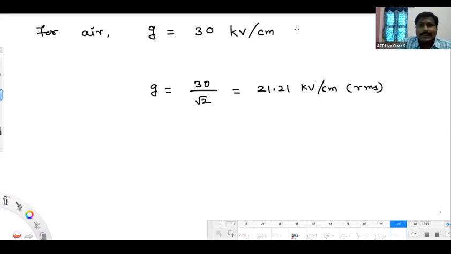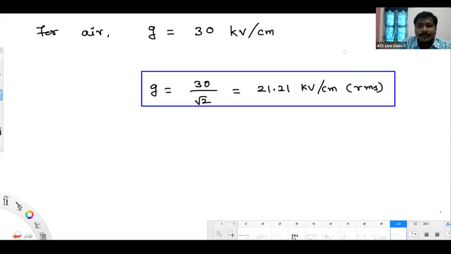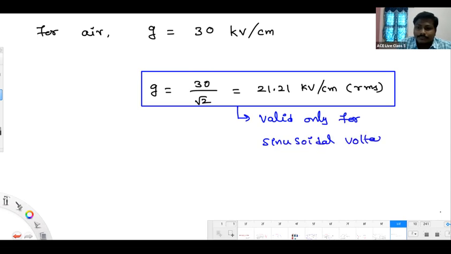This one is valid only for sine waves or sinusoidal signals or voltages. Whereas the 30 kV per centimeter is valid in all cases. It may be a DC signal, impulse signal, sinusoidal. For any case, this number will be valid.